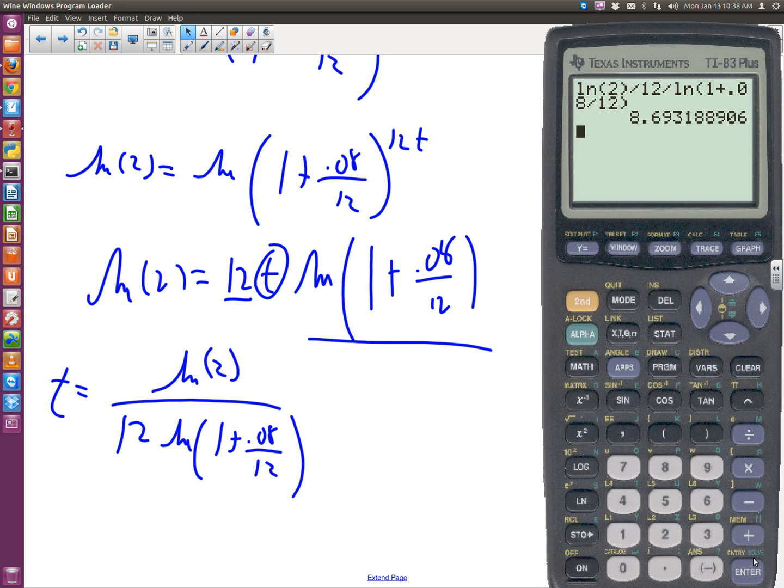So the doubling time is 8.693 years, roughly. That's a doubling time if you have 12 compoundings a year, discretely compounded monthly interest. Yes? All right, that was part one of the question. Part two of the question is how much better is it if you use continuous compounding?